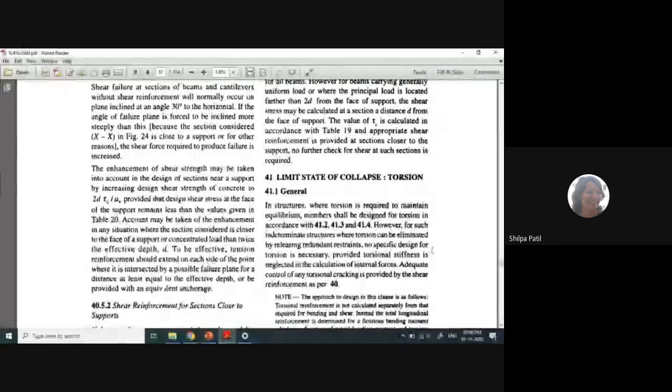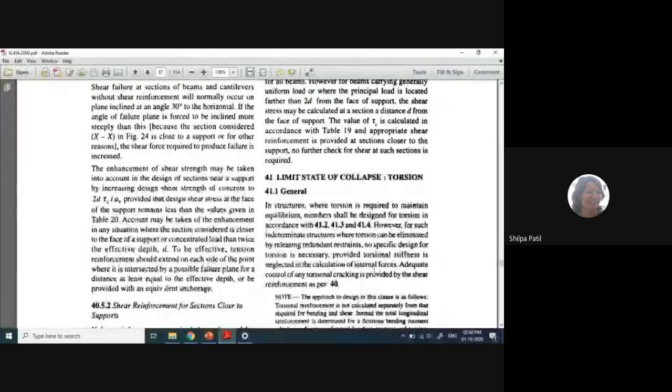No specific design for torsion is necessary. It is clearly mentioned in the IS code here, provided torsional stiffness is neglected in the calculation of internal forces. Adequate control of any torsional cracking is provided by shear reinforcement.